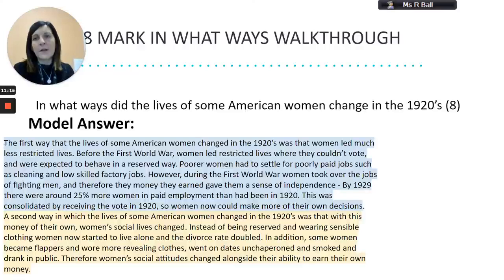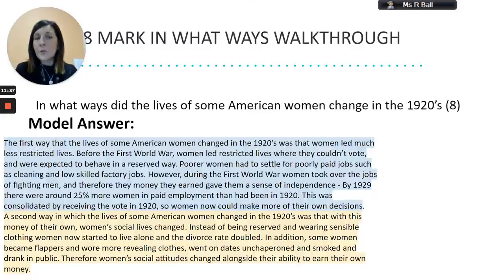So the first way that the lives of some American women changed was that women began to lead much less restricted lives. So before the First World War, women's lives were really restricted. They couldn't vote. They were expected to behave in a very reserved way. Poorer women also had to settle for poorly paid jobs, such as cleaning and low-skilled factory jobs.